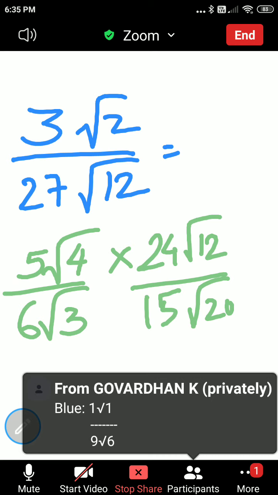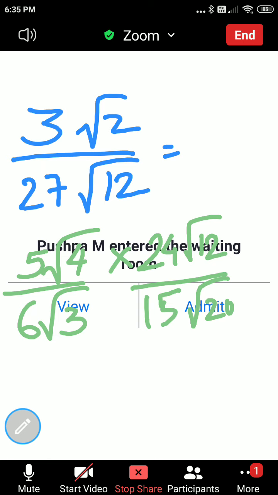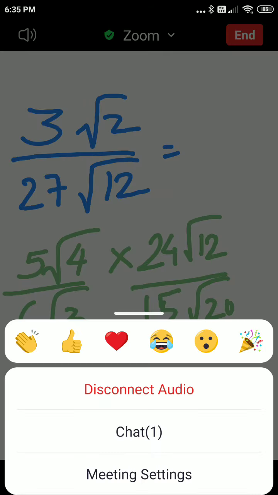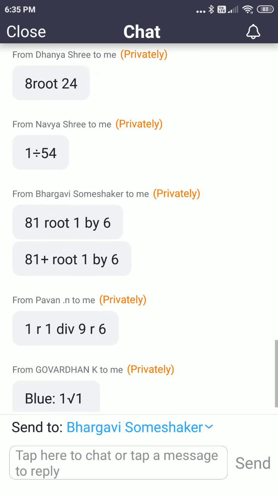None of you have got the answer. Only Govardhan has got it. So Govardhan, remove the ones and give me the correct answer. Yes, Navya? Pawan, hold on, let me check. Till the time I don't check, I will not tell.